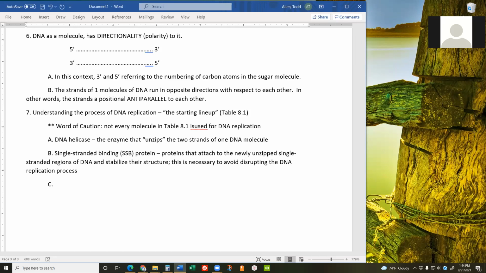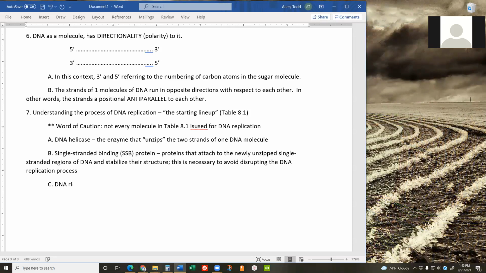Next, we have something that I'm going to call DNA primase. In table 8.1 it is simply referred to as primase. This is an RNA polymerase molecule whose job it is to make small snippets of RNA necessary to prime the DNA synthesis reaction.